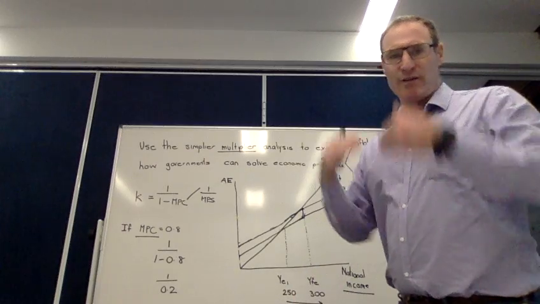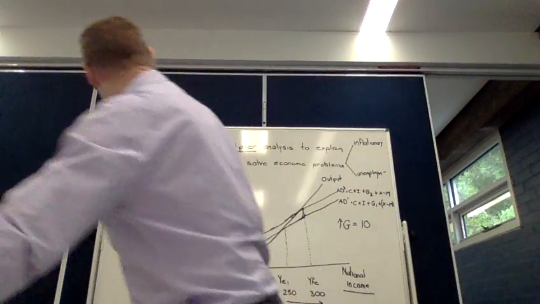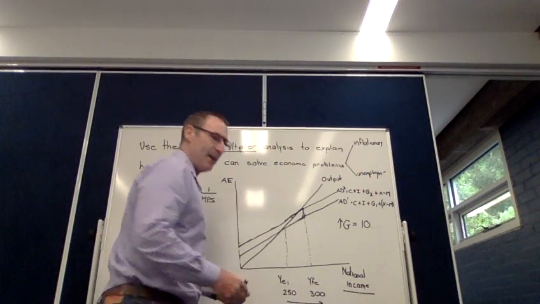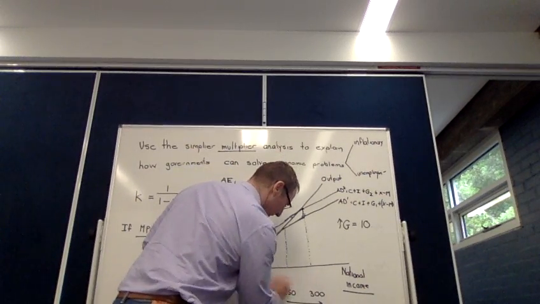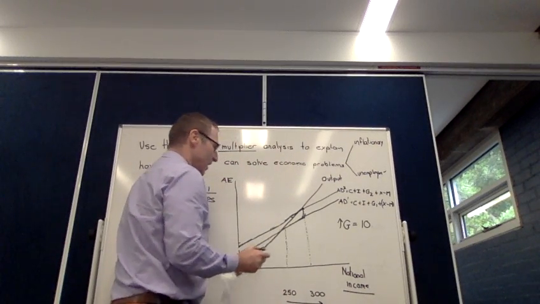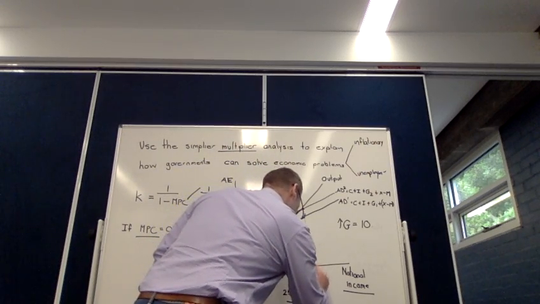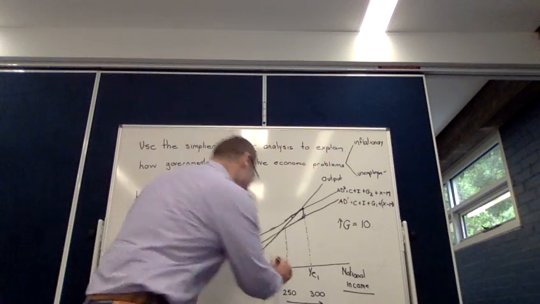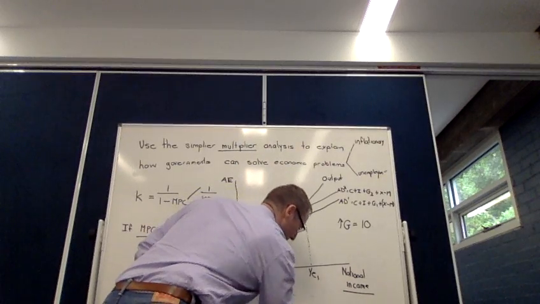Similarly, just in the reverse, if it was an inflationary gap, so there's too much demand in the economy, I'm just going to swap that around. YE1 is where we are now, YFE, remember, is where we want to get to.